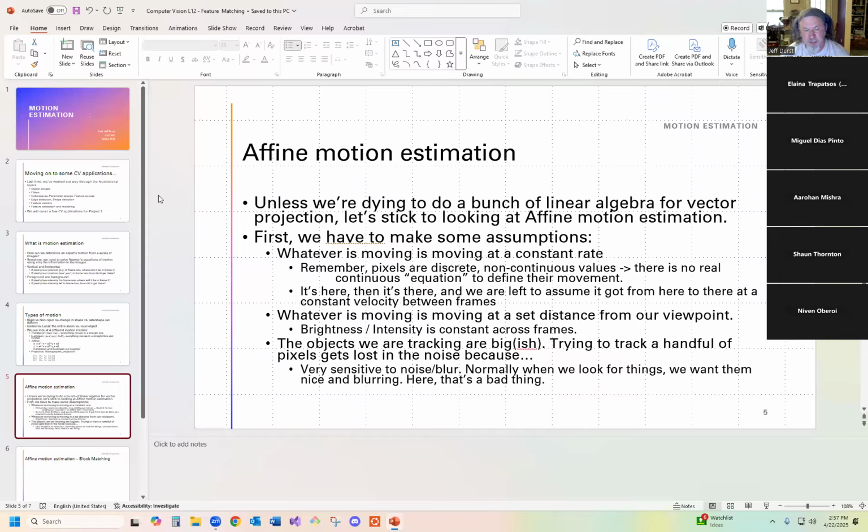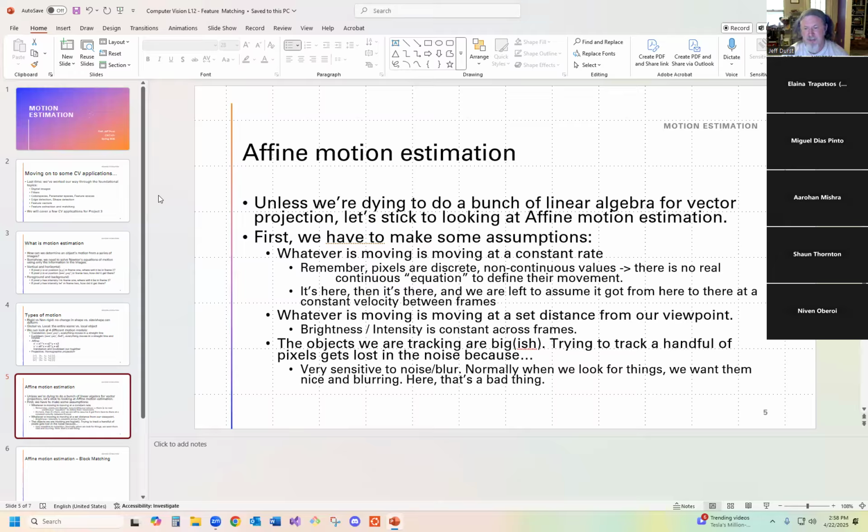So like I said, we're assuming when we're doing an affine motion estimation that there's no meaningful acceleration that will show up from frame to frame. It's basically the assumption that between every frame, you have moved at a constant velocity. And you can think about this by hearkening all the way back to when we talked about digital images in the very first place, right?